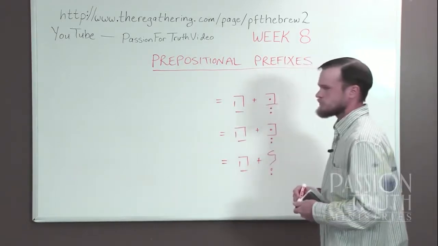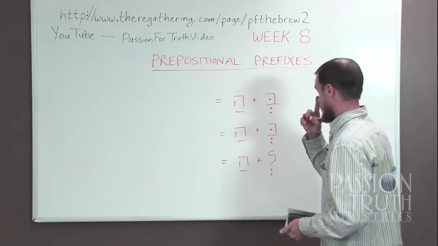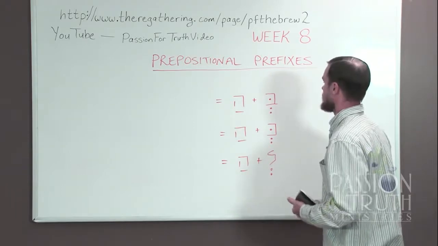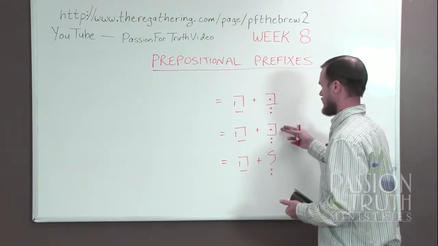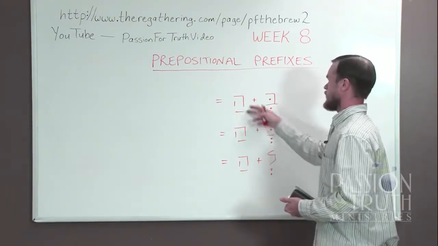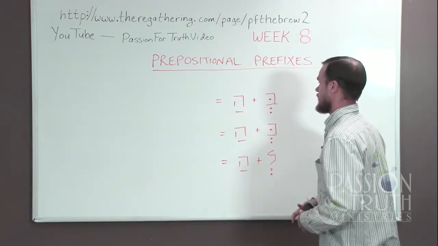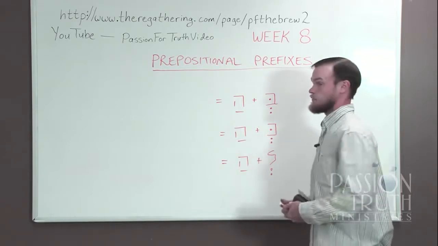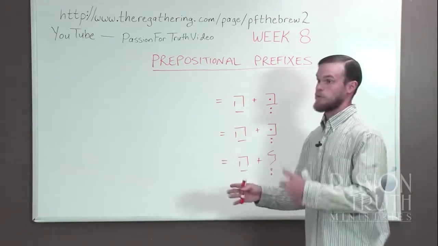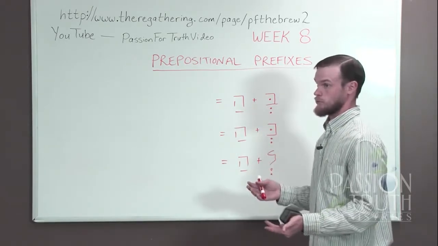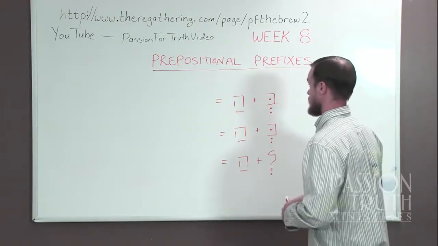So if we wish to combine the bait, the kaf, or the lamed prefix with the definite article prefix, there's a specific way that we have to do that. Now, in the case of mem, we simply use the mem followed by the he, and follow the rules accordingly. But these combine in a different way.